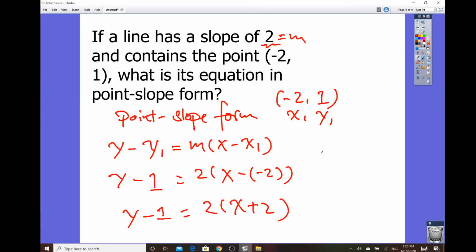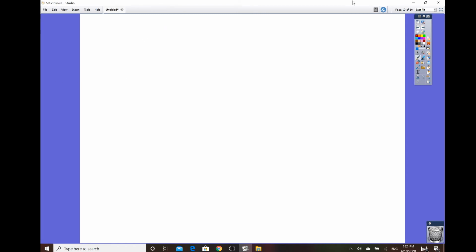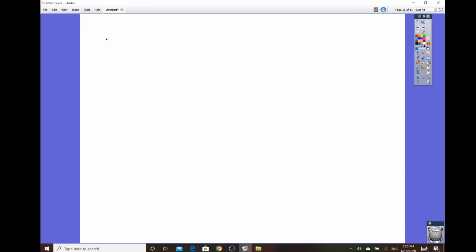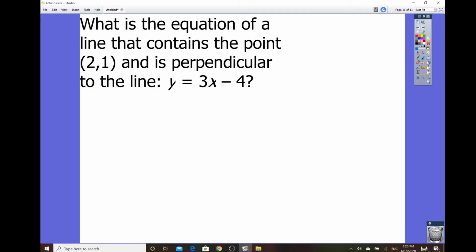So again, I'm going to show this one on the ActivInspire slide here. Oh shoot, it's supposed to be paste. So now it's gone. Okay, one more time, copy and paste. Sorry about that.